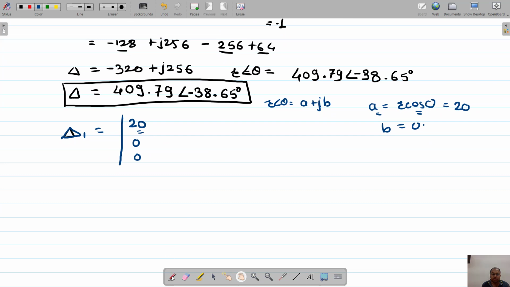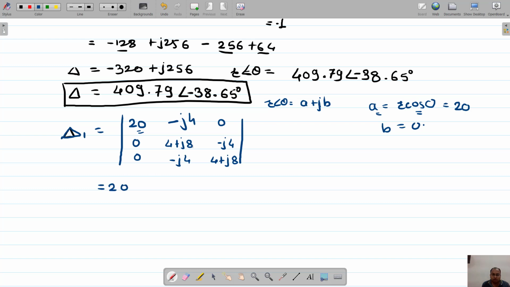So over here this is minus j4, this value is 0, this is 4 plus j8, am I right? Minus j4, this is also minus j4, and this is 4 plus j8. Is it fine? Great. Now let us find out the determinant value.